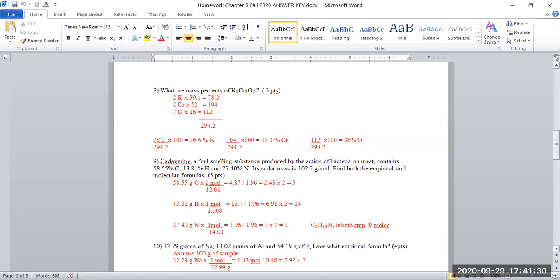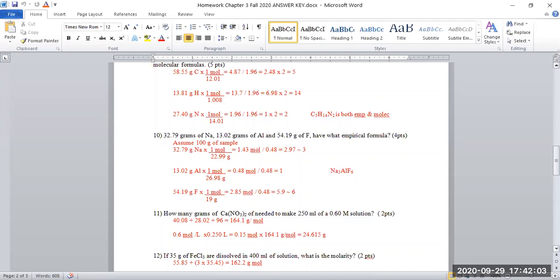That gives me 5 carbons, 14 hydrogens, and 2 nitrogens. If you add up the weight of 5 carbons, 14 hydrogens, 2 nitrogens, you will find out that you are pretty much right on 102. So the formula there is both the empirical and the molecular formula.